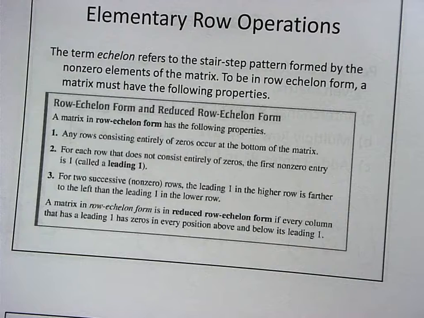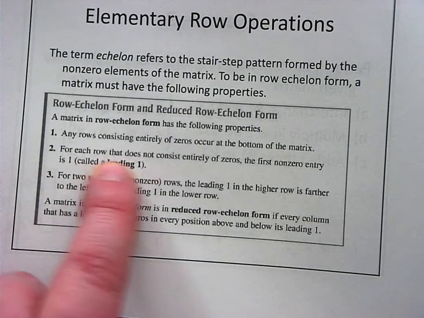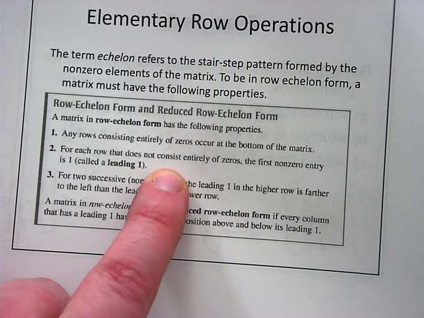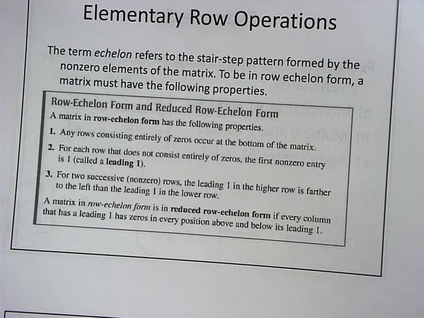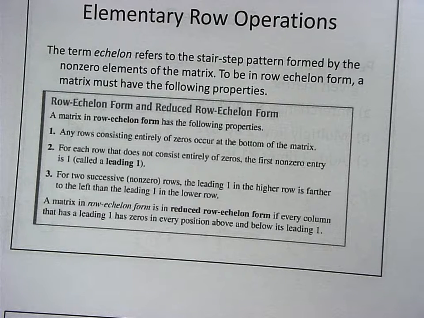Okay? So if everything cancels off of a row, it goes to the bottom. For each row that's not just a bunch of zeros, the first non-zero entry that you get to is a 1. Well, that just means leading coefficient of 1. Leading 1, they call it. And then any two successive rows, so any two consecutive rows, the leading 1 in the row above is further to the left than the one below.